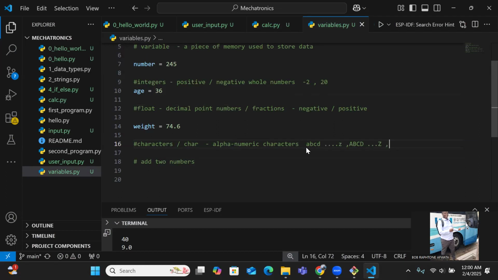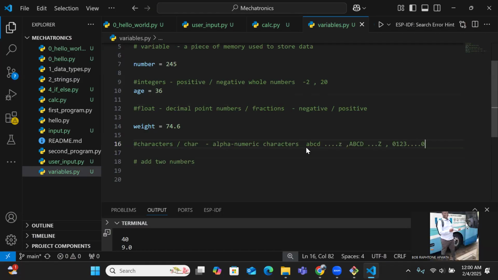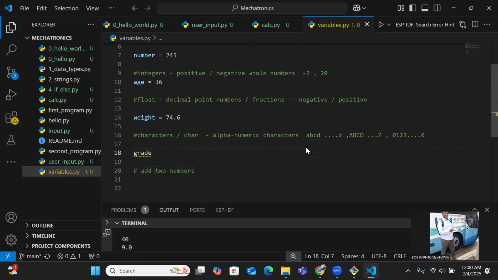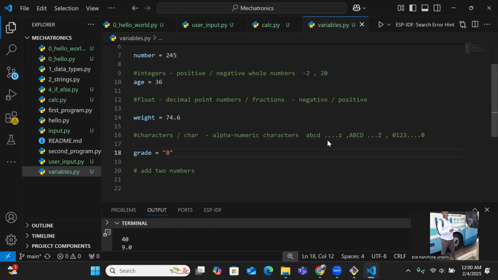And then numeric are the numbers 0, 1, 2, 3, all the way up to 9. So here we can say, for example, your grade in an exam, and you put it in quotes. Your grade is B, for example. So that is a character.